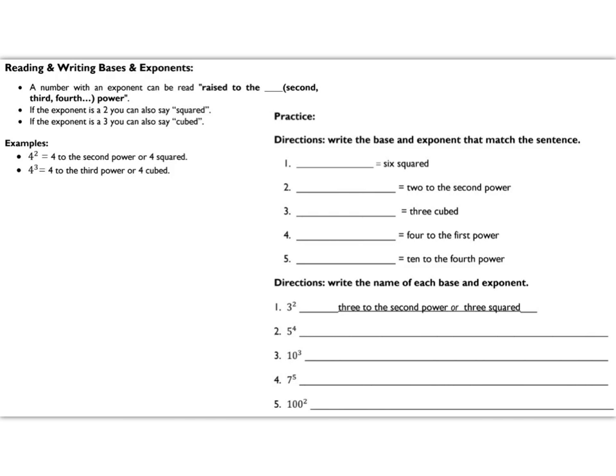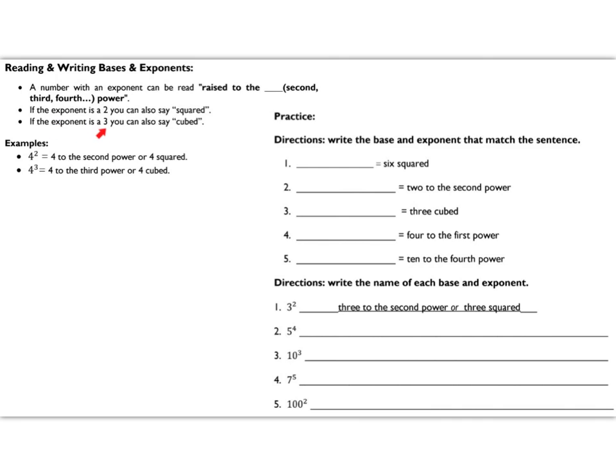So let's just take a look at these bullets. The first one says, a number with an exponent can be read raised to the 2nd, 3rd, 4th power, and so on. You don't always have to say the word raised, and you'll see that in the examples that we use. Also, there are a couple of special powers that have special terms. If the exponent is a 2, you can say squared.